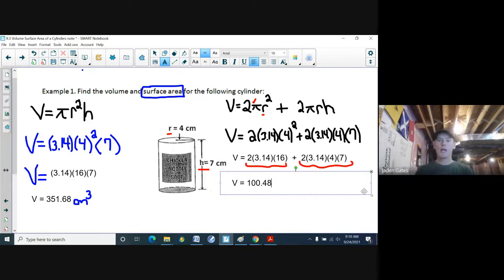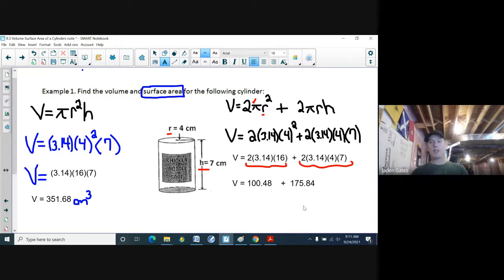Again, I'm going to 2 decimal places. All right, plus. Now I got to do the second part where I've got to multiply the 4 numbers. So I got 2 times 3.14 times 4 times 7. Now I'm getting 175.84.